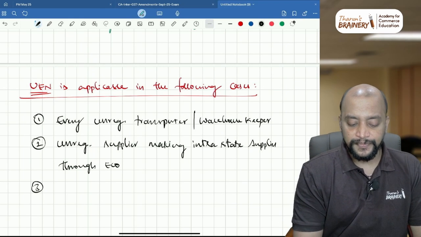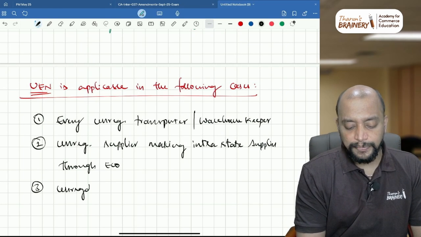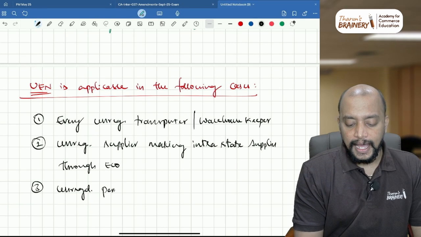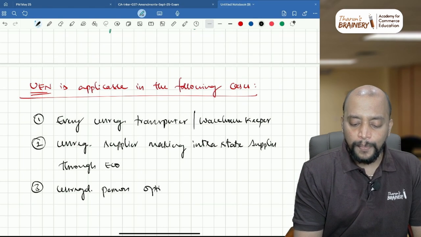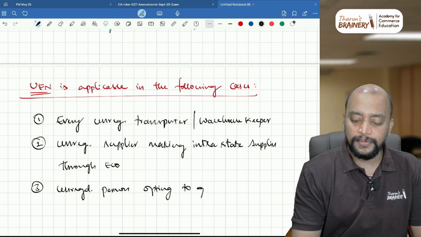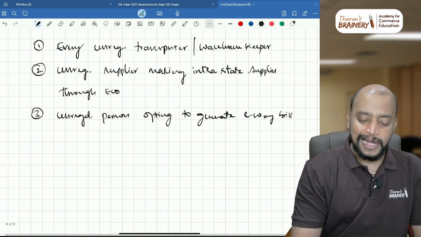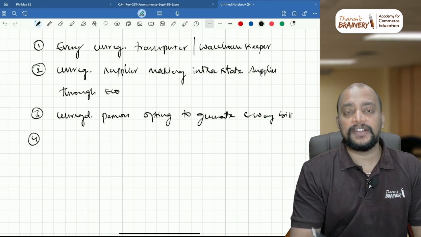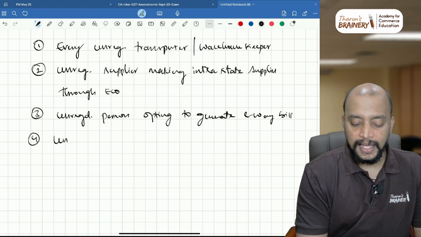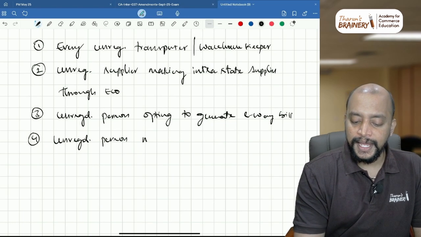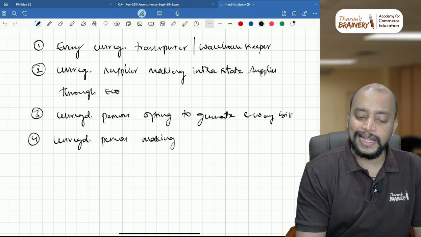Now, number 3, an unregistered person opting to generate an e-way bill. And number 4, an unregistered supplier of handicraft goods making interstate supply.